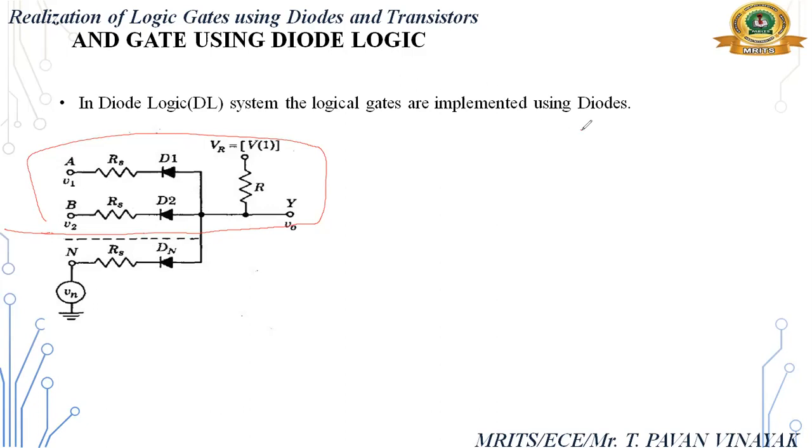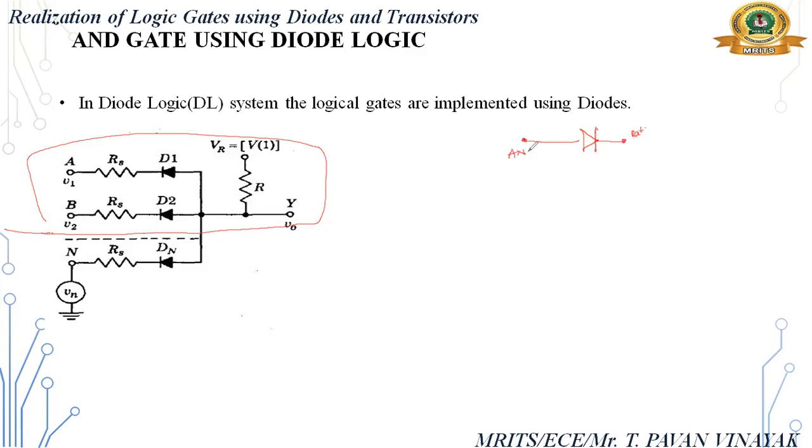Everyone knows the diode working. Let us see. I am giving in this direction. This is the anode, this is the cathode of the diode.